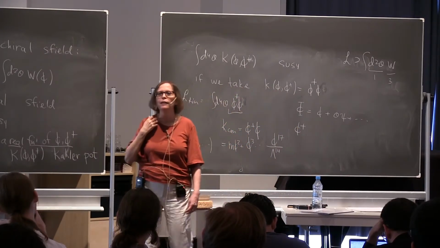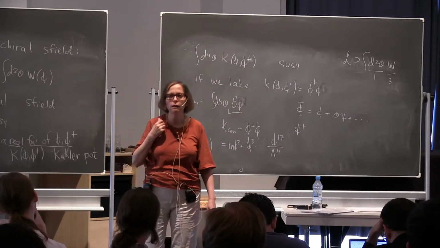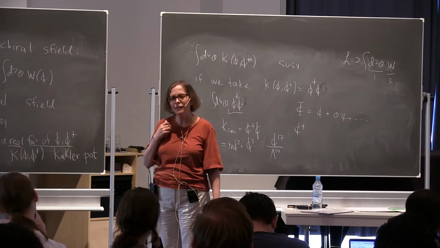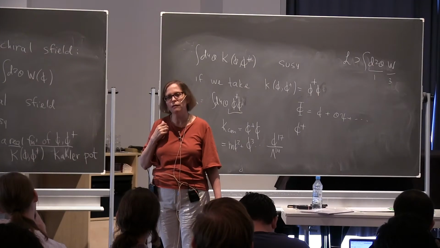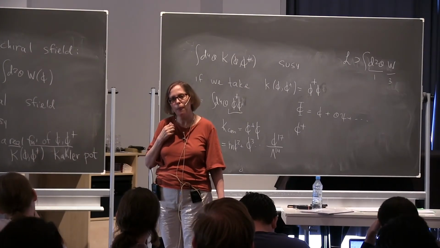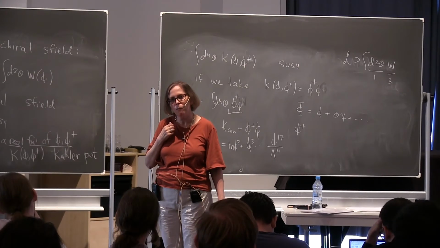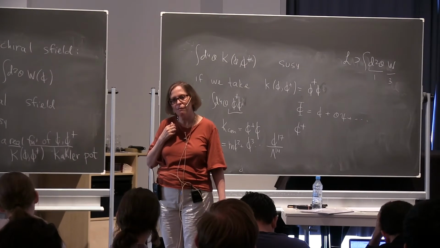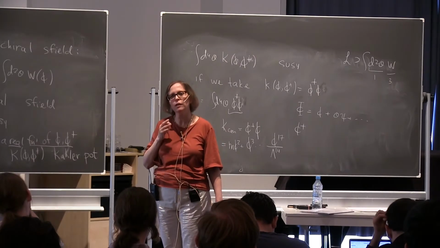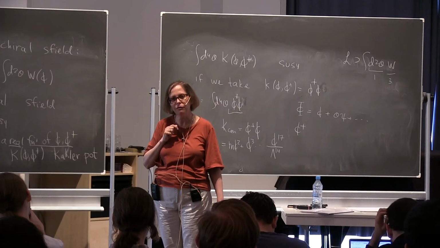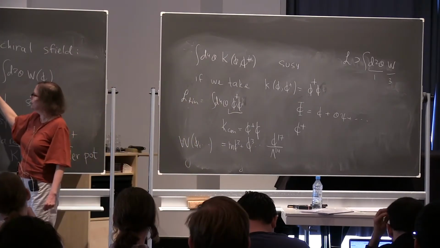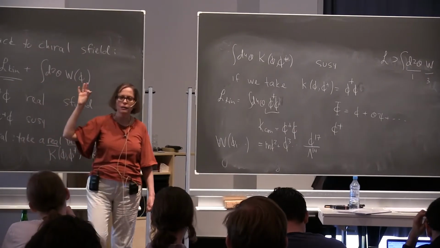More questions? Yes? Are there any conditions on the K? Basically any real function, roughly speaking. And how do you make sure that if it's not a polynomial function, for example, all the superfields will remain superfields? Okay, that's a good question. We're going to come back to that when we talk about some non-perturbative stuff. There are some constraints on the general Kähler potential.